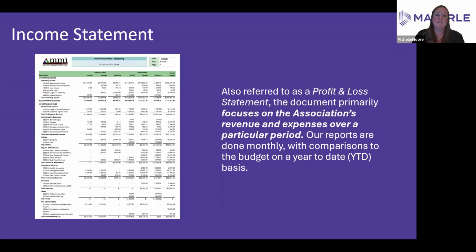As Jason mentioned, whether you're using cash basis or accrual accounting is going to determine how you're going to read these. I mentioned with cash, you can see an overage. Accrual, you're generally not going to see much variance because it's recording the income based on what we have assessed to your homeowners.